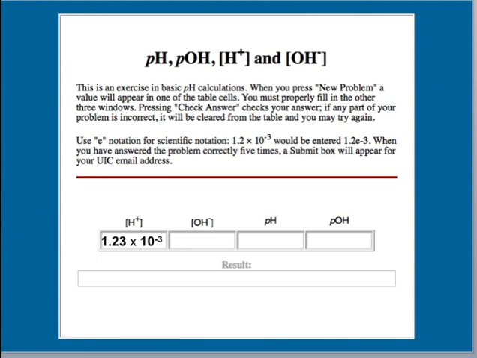I also know that if I type in this guy into my calculator and hit log and change the sign, I get pH. Now I could take 14, subtract the pH and get pOH, or I could take OH, take its negative log and get pOH. That's what runs through my mind.